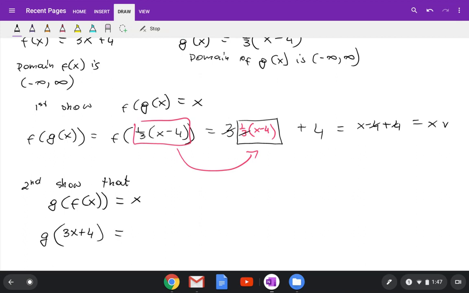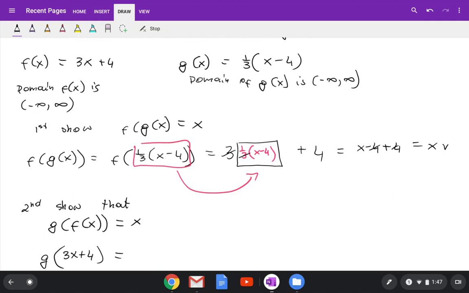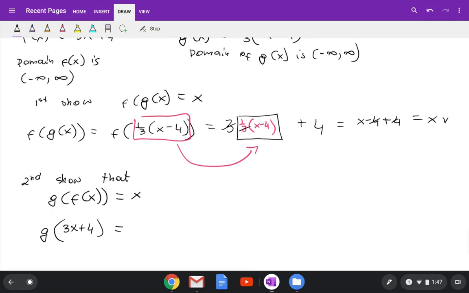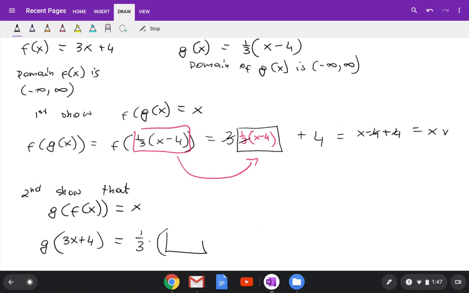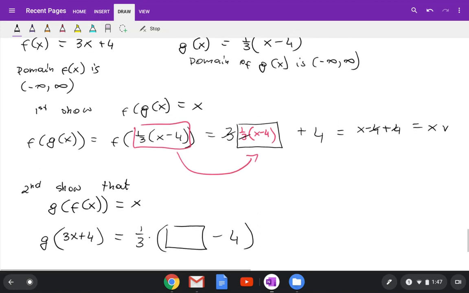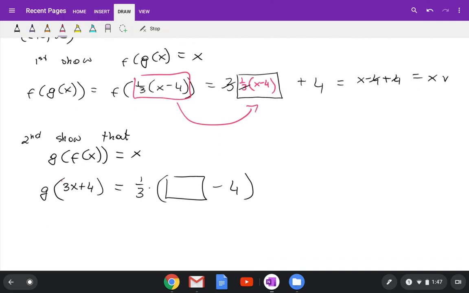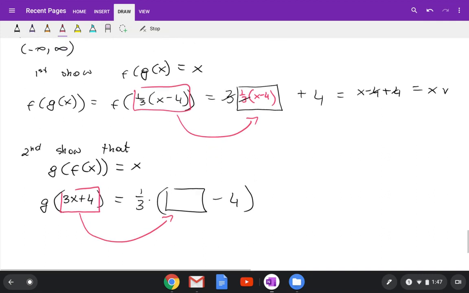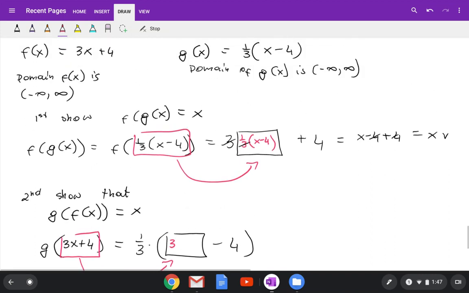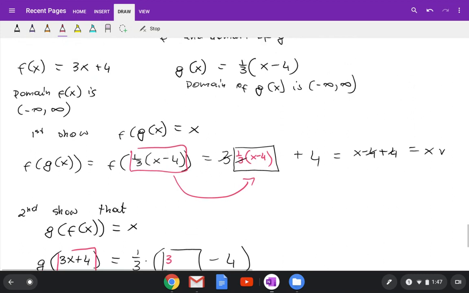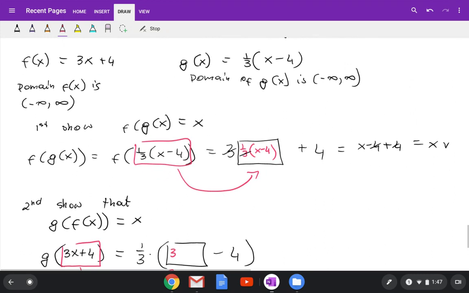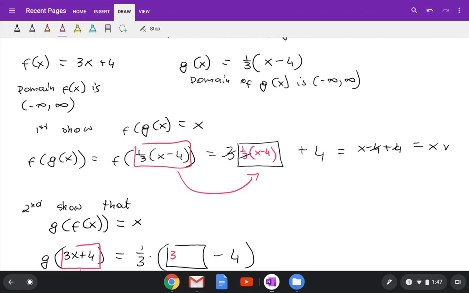So what we're going to do, g is outside, copy the equation of the outside function, which is 1/3 times x minus 4. And where you used to have x, you plug in function f, which has the equation 3x plus 4.